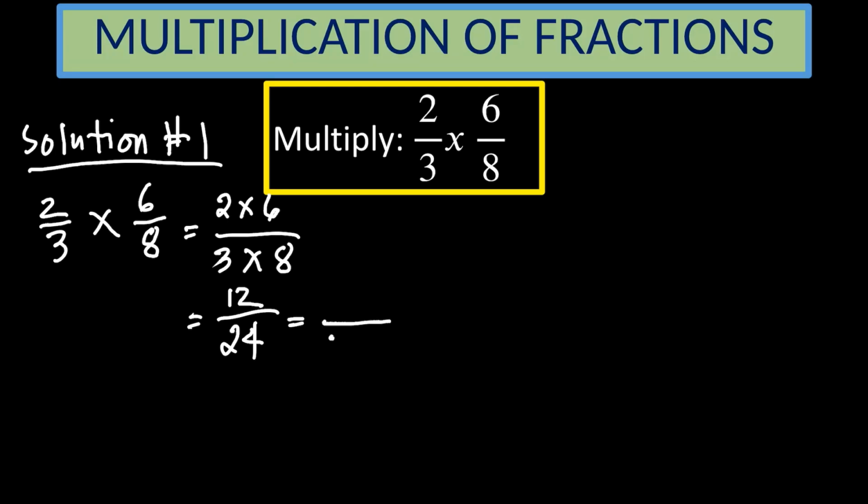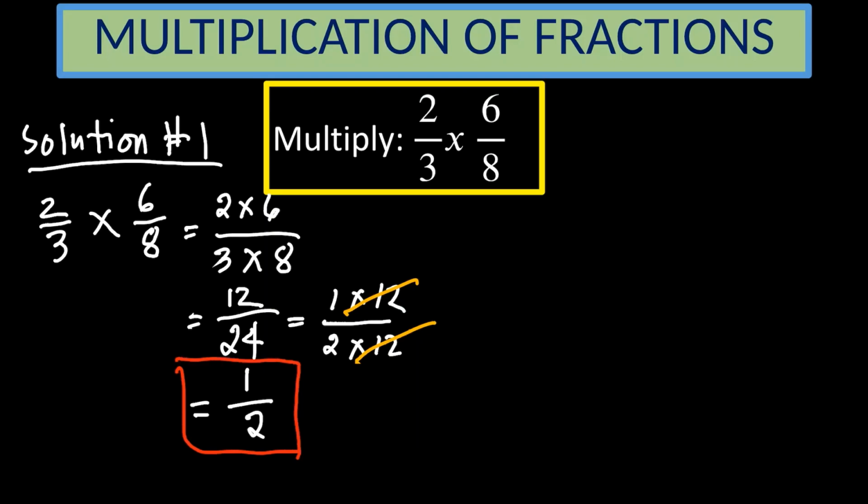It's actually 2 times 12. That's 24. And for the numerator, we will have 1 times 12. If we take out the common factor, which is 12, what is left in the numerator is 1, in the denominator is 2. Therefore, our final answer is 1/2.